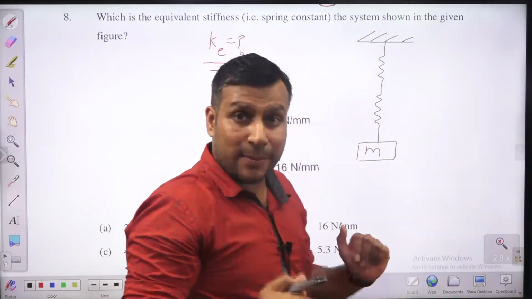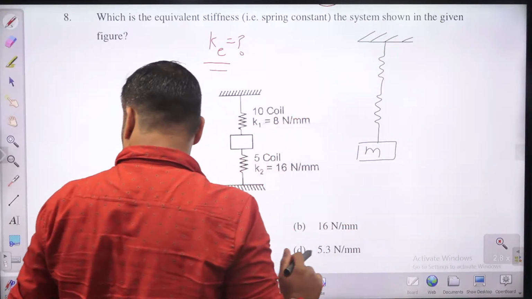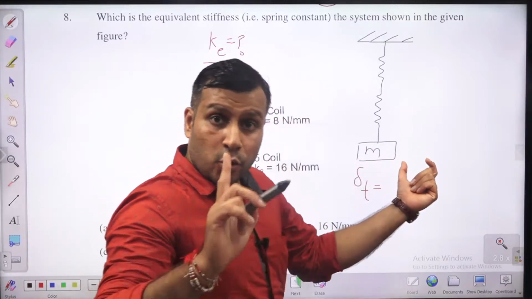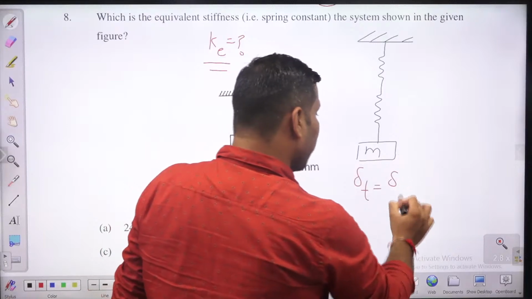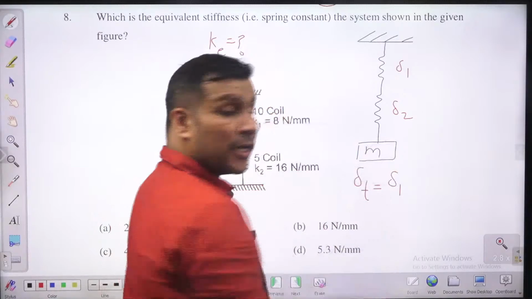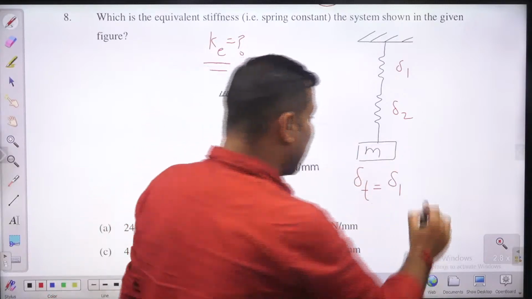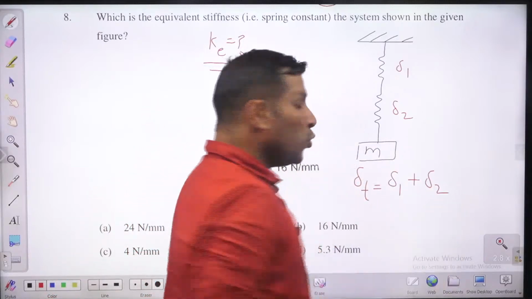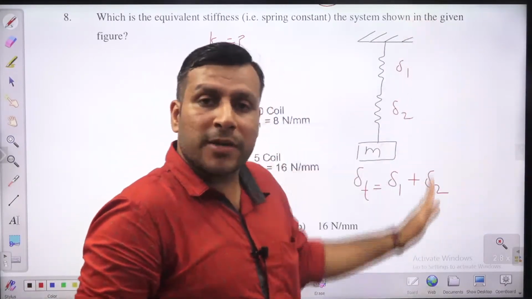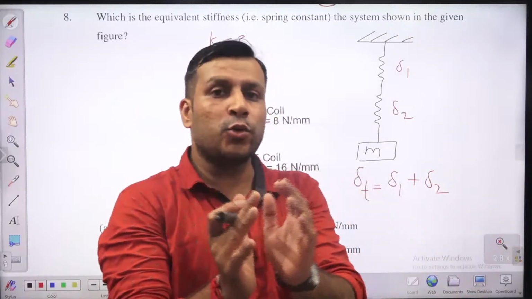The total deflection of the mass is the deflection of spring 1, delta 1, plus the deflection of spring 2, delta 2. So springs are in series if total deflection is delta 1 plus delta 2 and they are subjected to the same load.